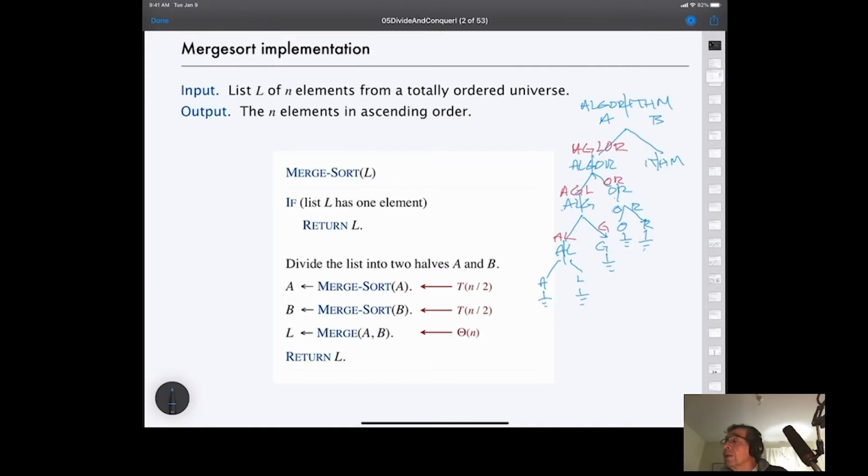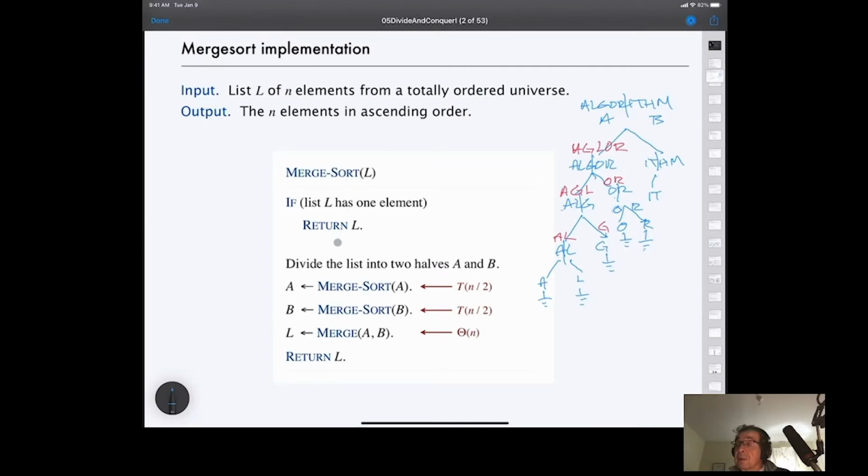In these two halves, we would feed the left-hand part first to the algorithm again. So we would have another call to merge sort, and we would enter the program again with an input of 2 elements.